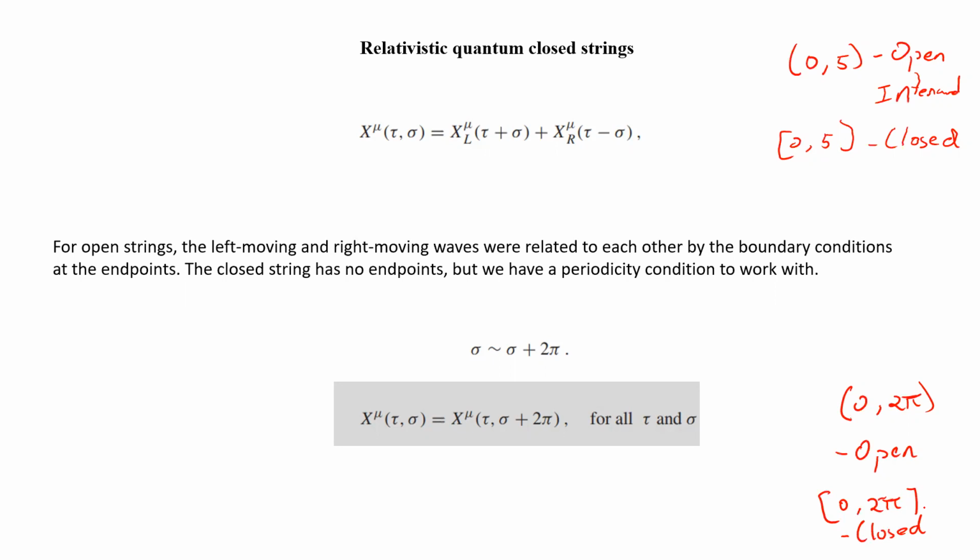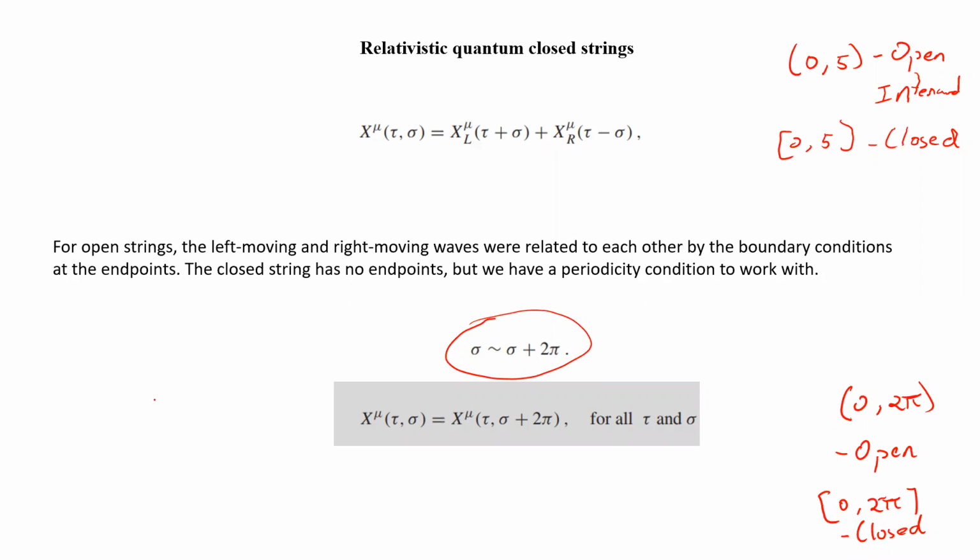Because if the endpoints are also included, then it would work out like a periodicity condition, because at the interval 2 pi, 0 and 2 pi are not differentiated, right? They are the same point, because we have the solutions for a string in terms of the sinusoidal function, and for a sinusoidal function, 0 and 2 pi are essentially the same point, right?